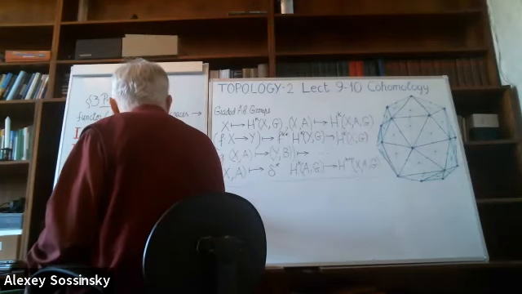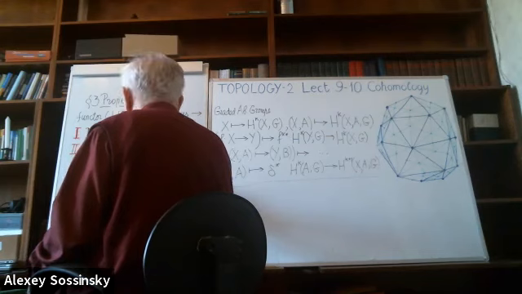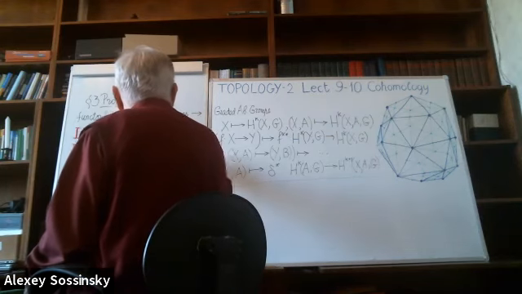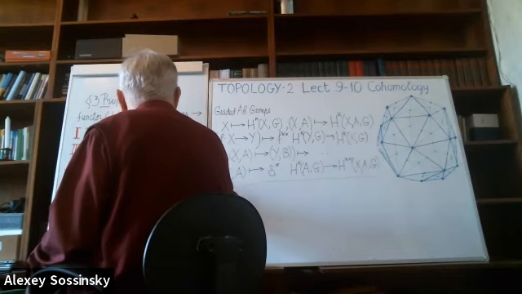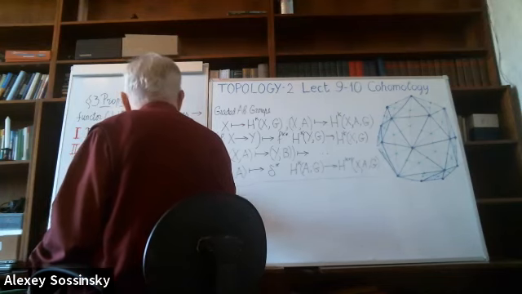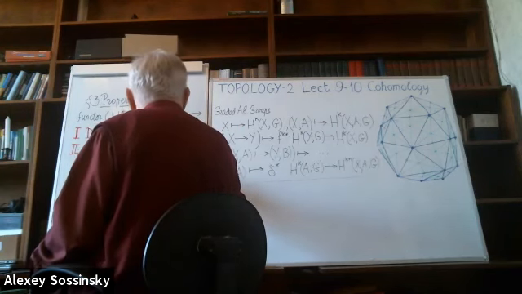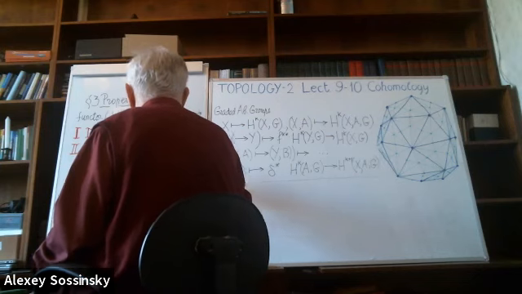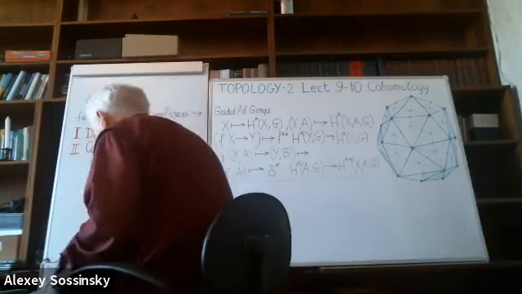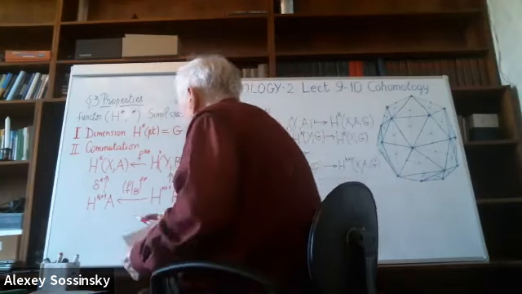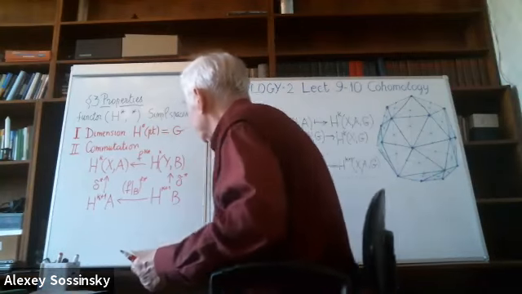And here we have H, I forgot to write k here, k plus 1, of B. And here we have delta star. I will not write the index. So we have the following commutative diagram.